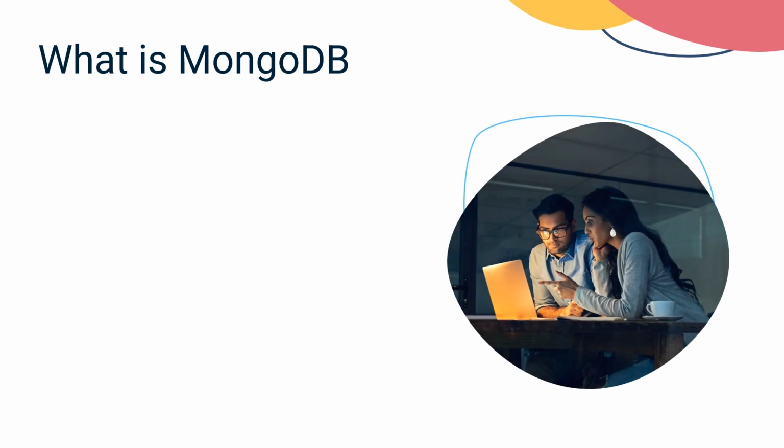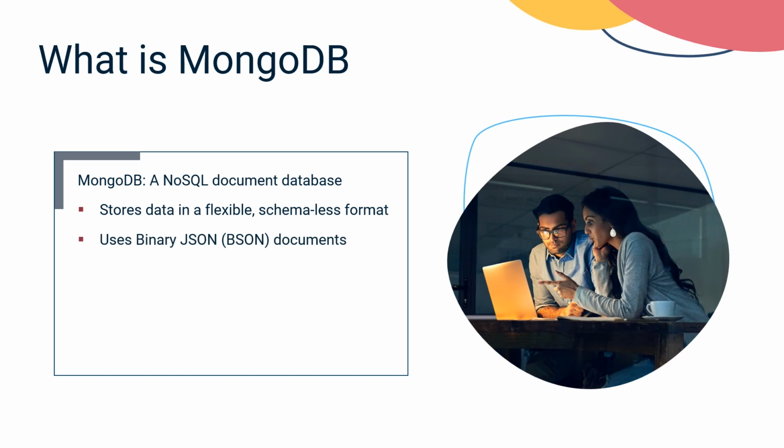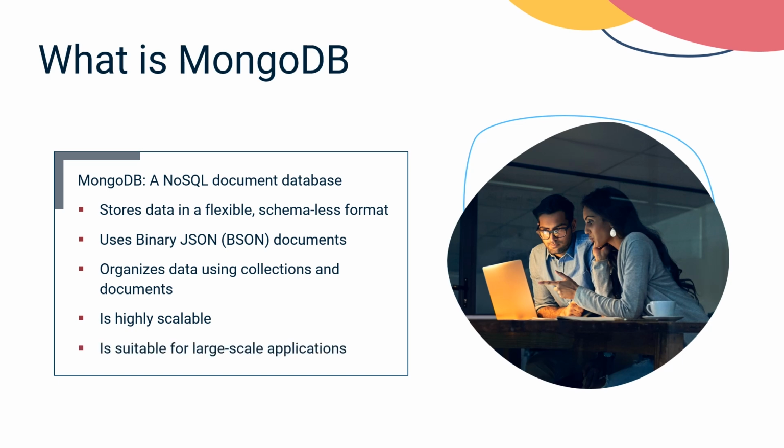In this video, we'll focus on MongoDB, a document database. MongoDB is a NoSQL document database that stores data in a flexible, schema-less format using JSON-like binary JSON, or BSON, documents. Unlike relational databases that use tables and rows, MongoDB organizes data using collections and documents, making it highly scalable and suitable for large-scale applications.